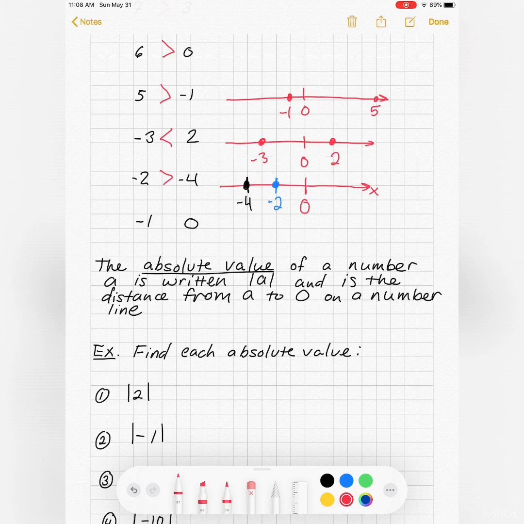Okay, so what about -1 and 0? So again, if I have -1, that's going to be less than if I have 0, okay? And you can also look at a number line if that's useful.